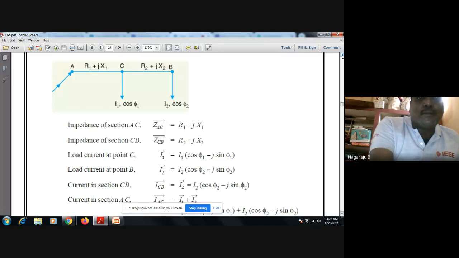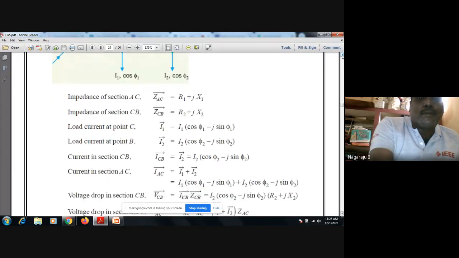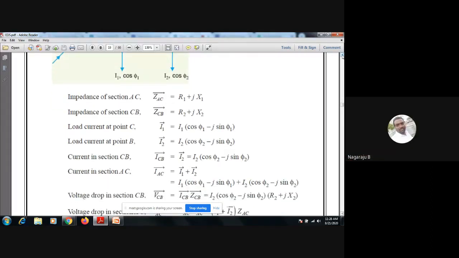So IAC bar is the vector sum: I1 into cos phi 1 minus j sin phi 1, plus I2 into cos phi 2 minus j sin phi 2.